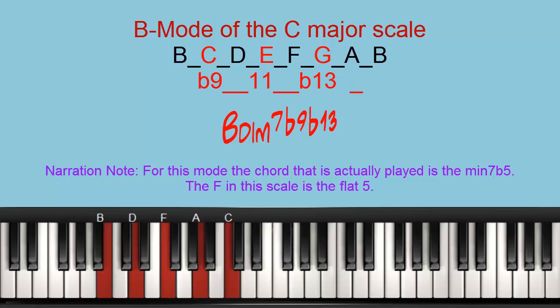And then when you add the C, E, and the G, you end up with a flatted 9, an 11th, and a flatted 13th. That's a chord you'd probably never see, but it's a chord you could use by omitting certain notes in your voicing.